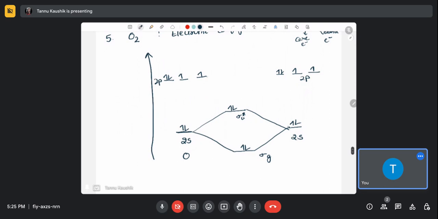Now firstly 2pz orbitals overlap to form bonding molecular orbital sigma g. If I say this is in the valence shell, this is the first bonding molecular orbital, then this is 2 sigma g, the second bonding molecular orbital, formed by overlap of 2pz orbitals.